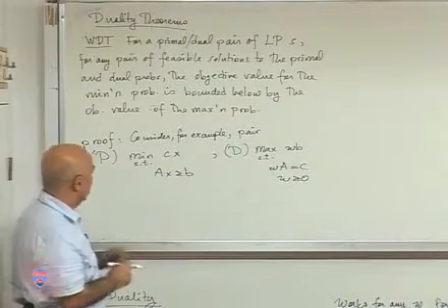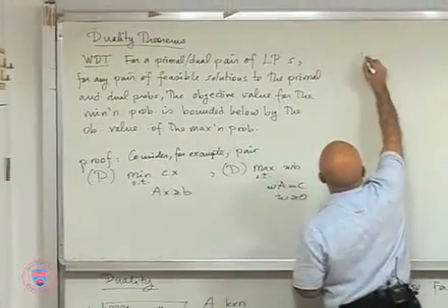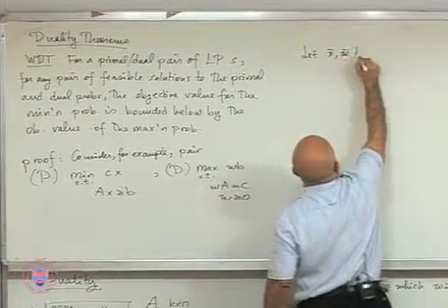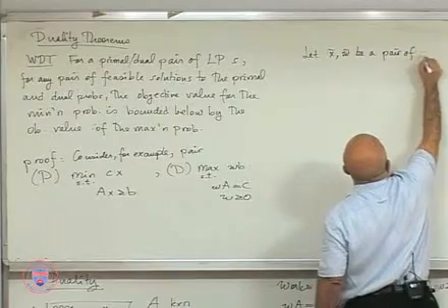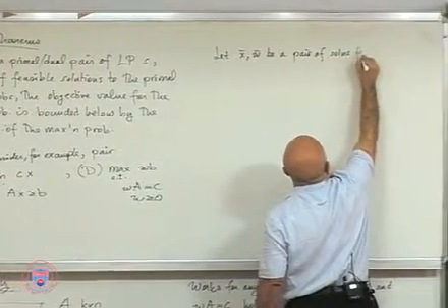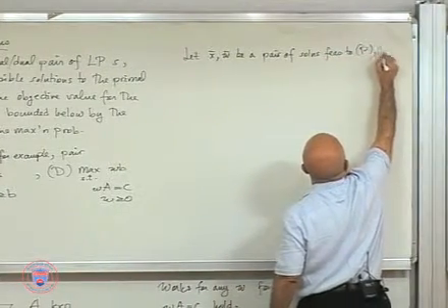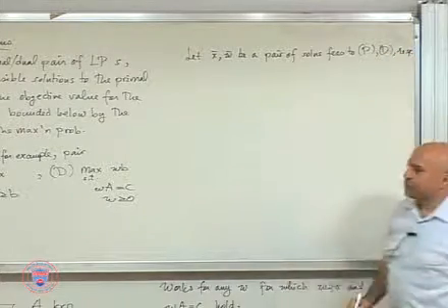Okay, so for this pair, let's just pick a pair of solutions. Let x bar, w bar be a pair of solutions that are feasible to P and D respectively. Okay?